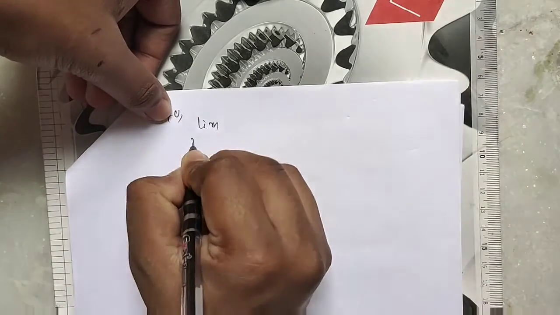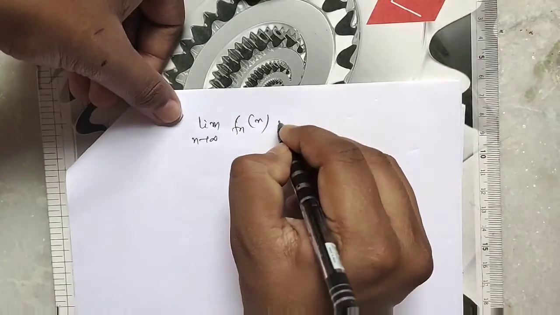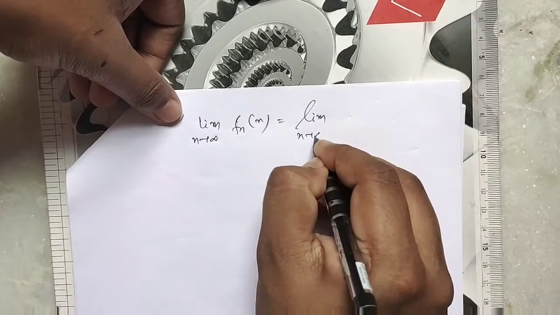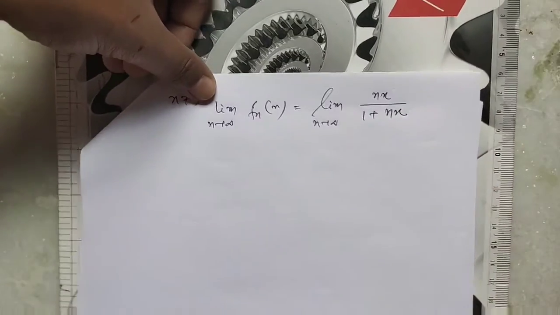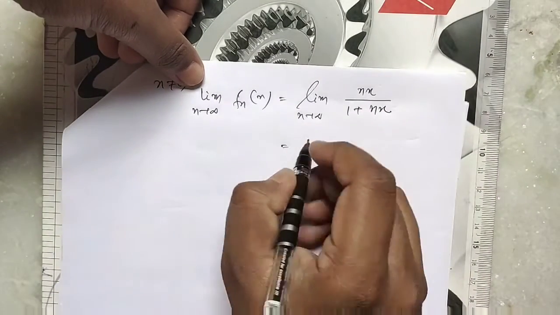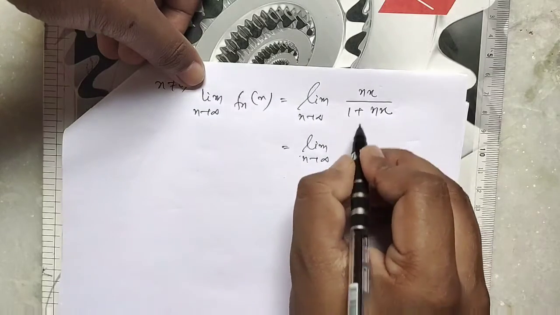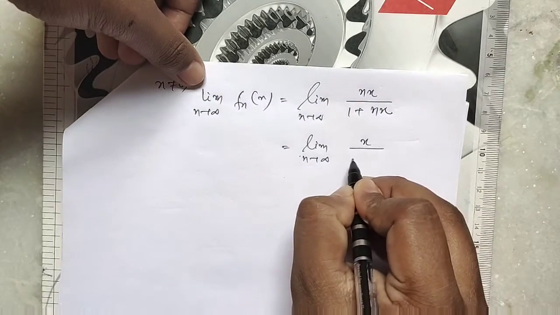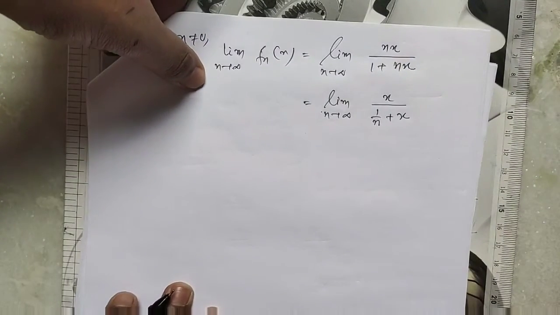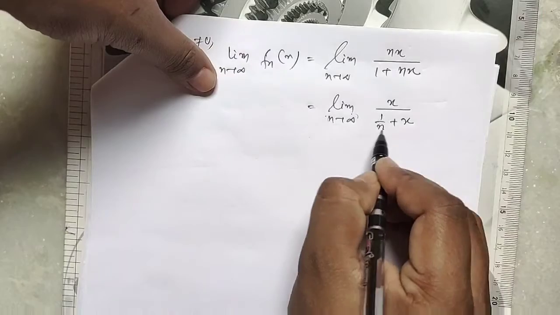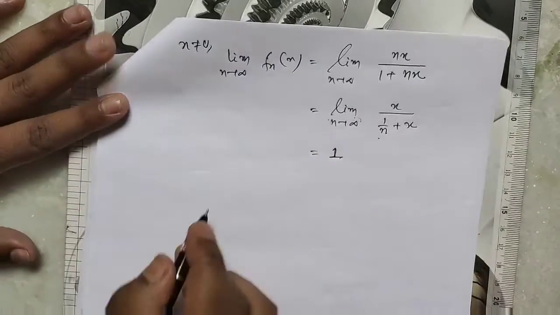For x not equal to 0, the limit as n tends to infinity of f_n(x) equals the limit of nx/(1 + nx). Dividing by n, this is x/(1/n + x). As n tends to infinity, 1/n equals 0, so this limit will be 1.